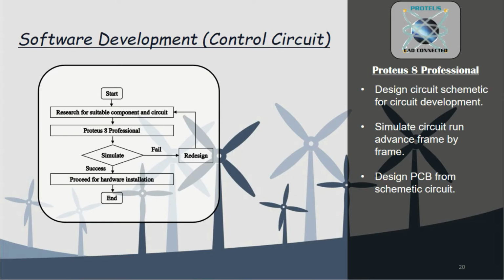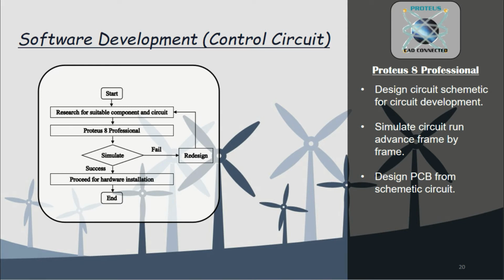Okay, next, this is the software development flowchart. I start by doing research for suitable components and circuit, and then try to develop a circuit using Proteus 8 Professional and simulate it until I succeed. If it fails, I redesign and research more about the components.